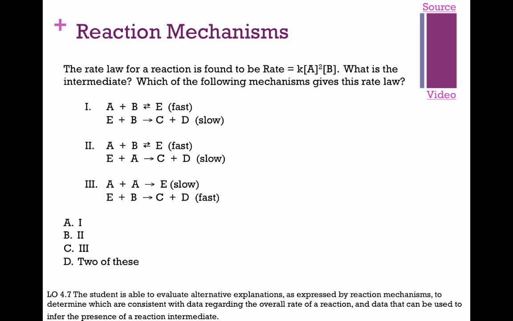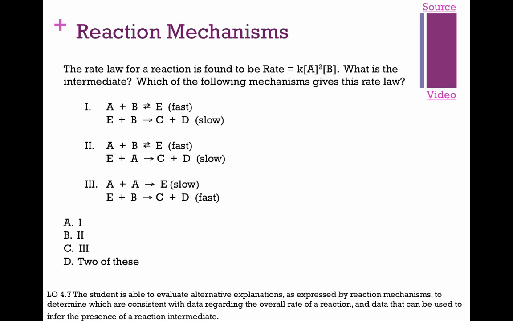So I just wrote my rate law for both of them. You could write Kf times the concentration of A times the concentration of B, because those are the reactants for the forward, equals K times the concentration of E, because that's the reactant if you're going in the reverse.